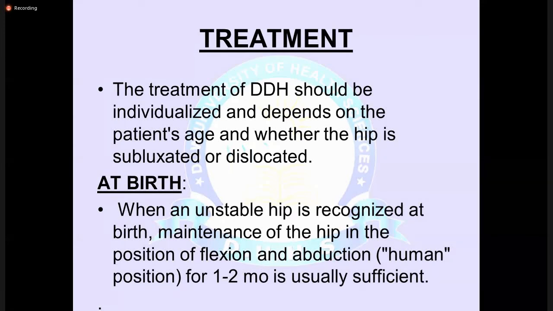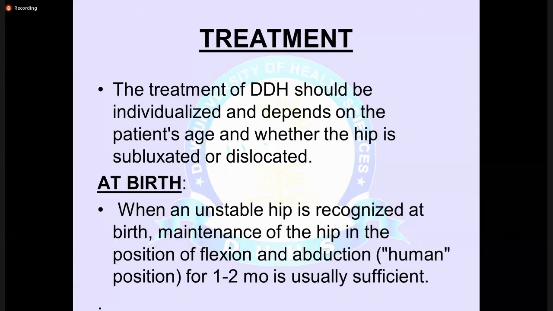After diagnosis, how will you treat this condition? The treatment of developmental dysplasia of the hip should be individualized and depends on the patient's age and whether the hip is subluxated or dislocated.